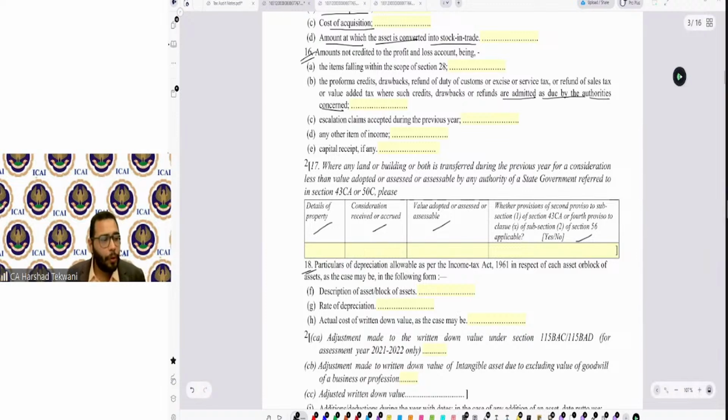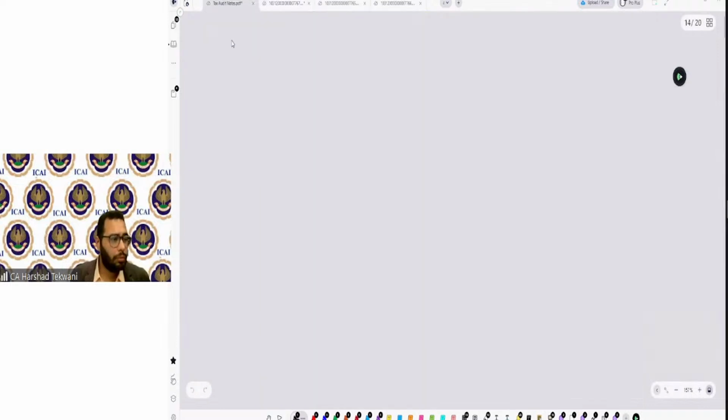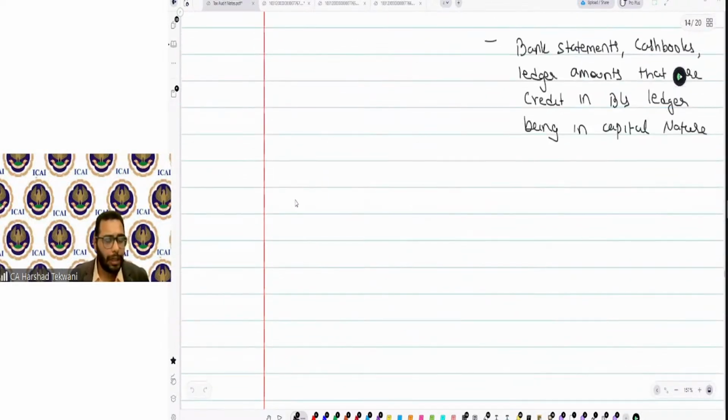So, before we proceed, can anyone tell me what is section 43CA and 50C? What they are about? What section 43CA and 50C are about? Can anyone tell me that?